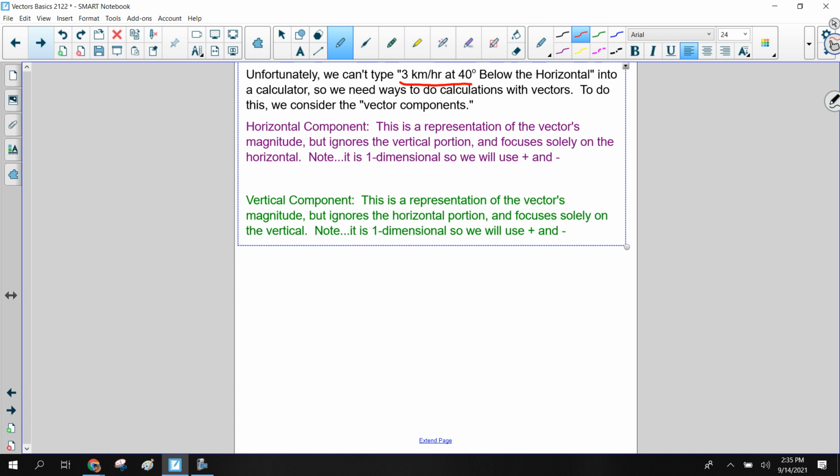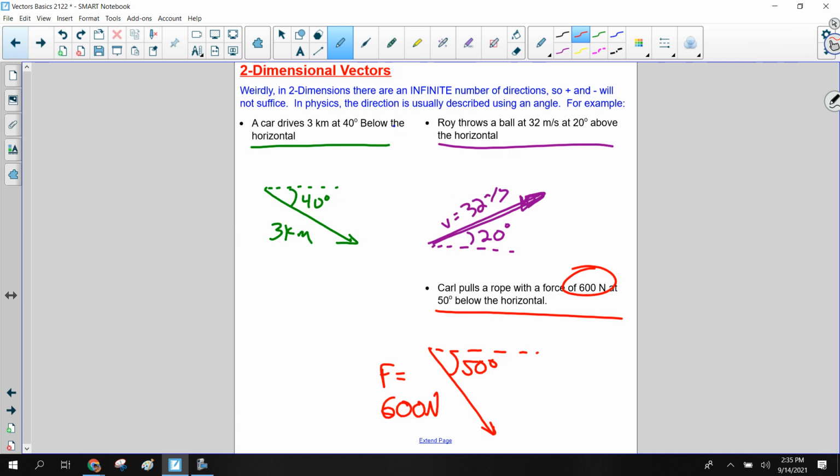And to do that, we consider what are called vector components, all right? And any given vector is going to have 2 components. There's a horizontal component and a vertical component, all right? And those components are a representation of the progress horizontally or the progress vertically, okay? So let's go back for a minute to this green example here. Maybe it's about a car driving down a mountain, right?